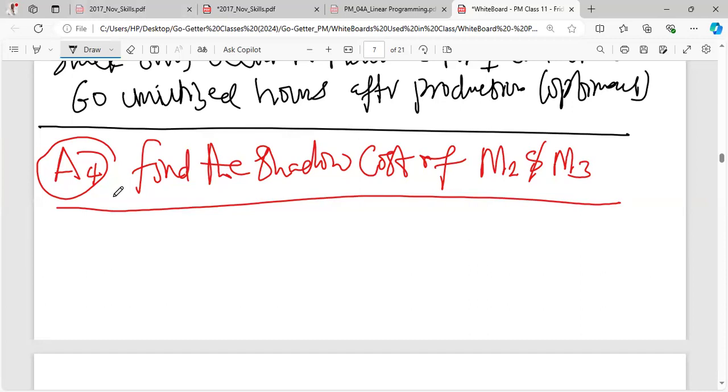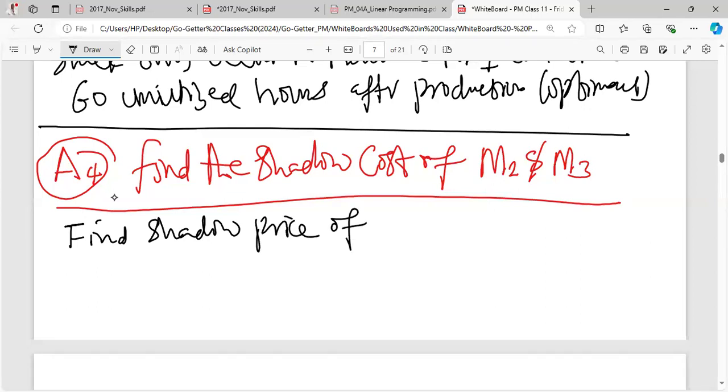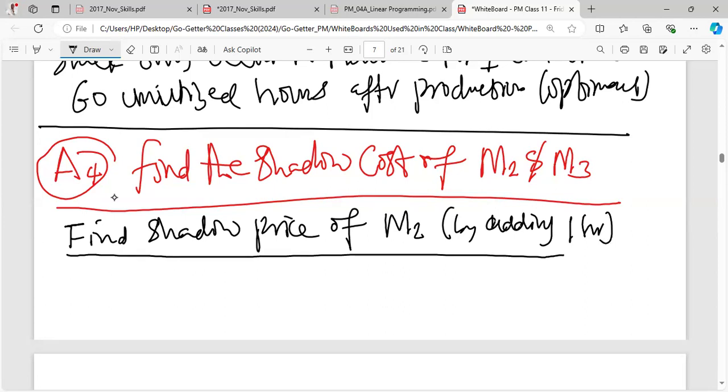So what we will do now is look for the shadow price of M2, by adding 1 hour. So we'll go back and do a simultaneous equation again.